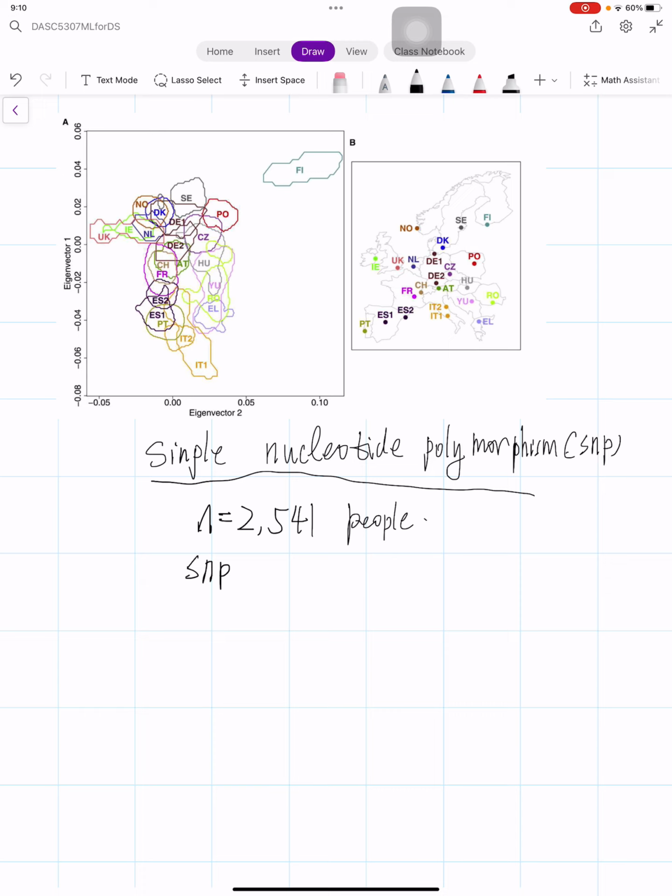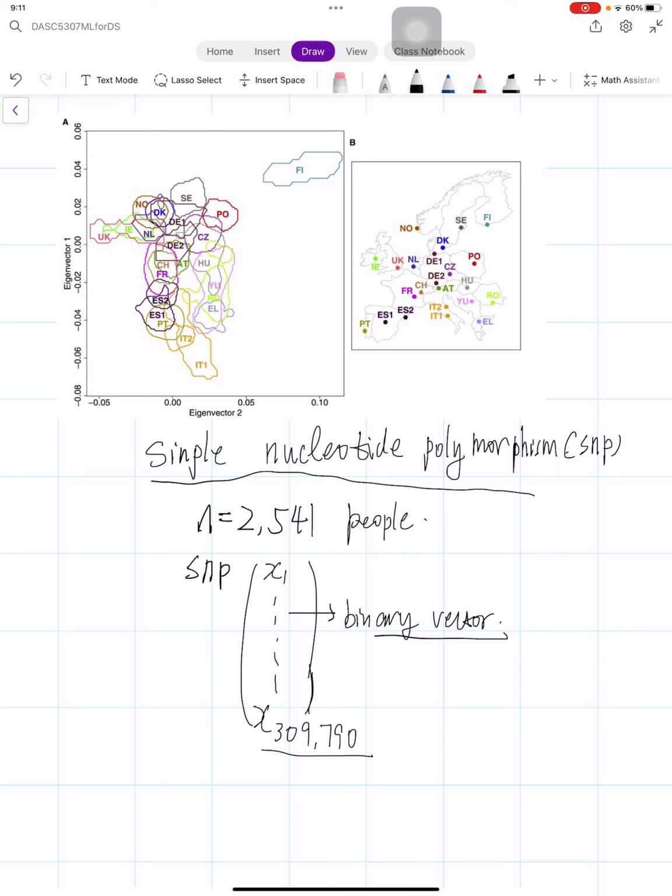For each person, you can think of the SNP as a binary vector with a large number of entries, x1 up to huge. So for example, this is 309,790 binary points. Binary vector. So we have a huge dimension of the input, much larger than even the sample size n.